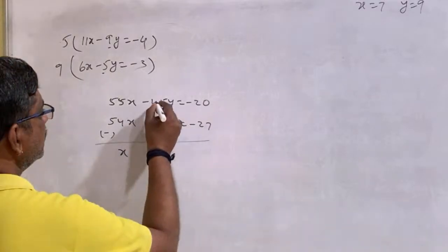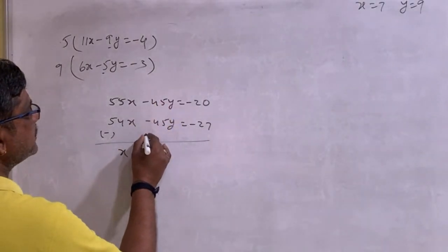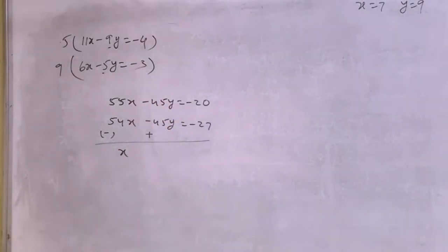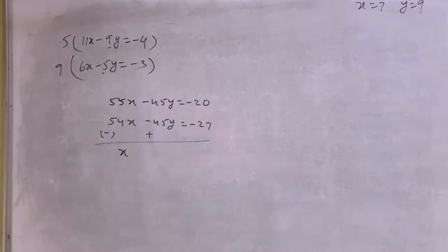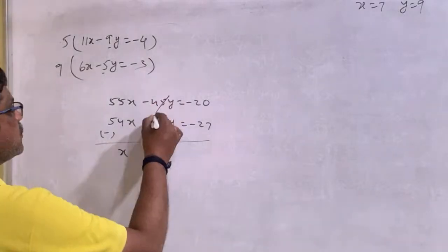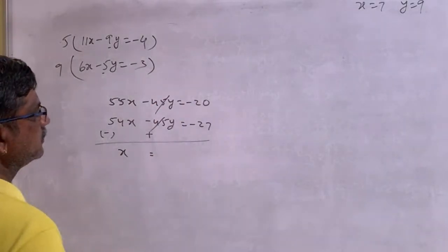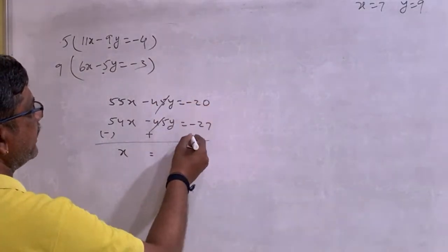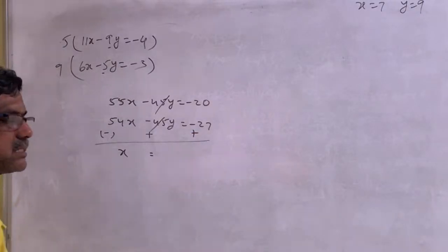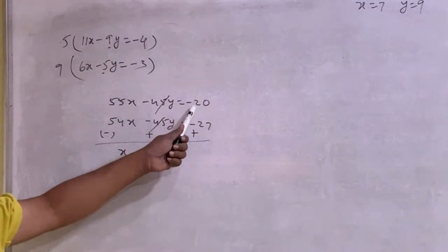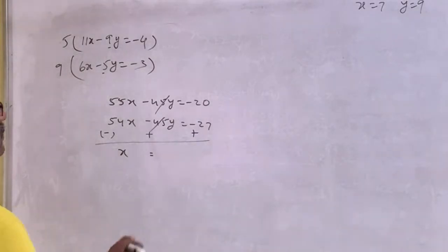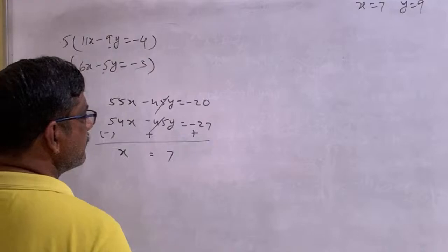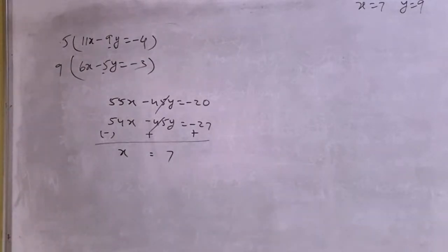Now, minus 45 minus minus 45 becomes zero, so these two get cancelled. Now, negative 20 minus negative 27 becomes plus 7. So x is 7.